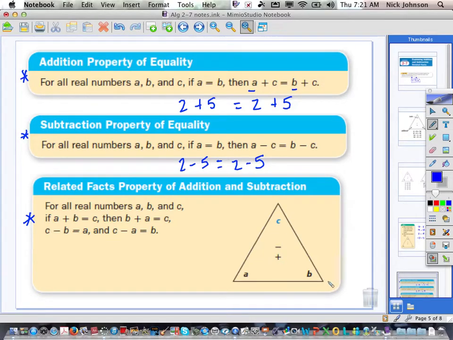So it's a plus b equals c, b plus a equals c, c minus b equals a, and c minus a equals b. Okay? Those are the 4 related facts, and you're going to have to do that. Okay? That your book gives you.